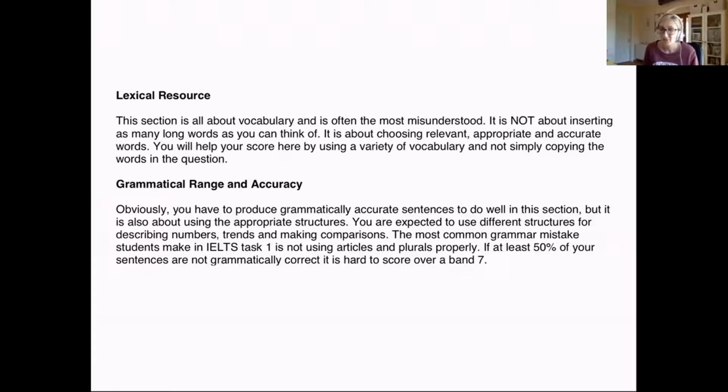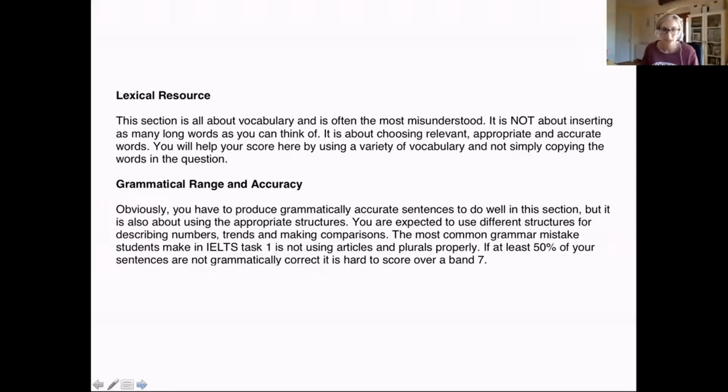If at least 50% of your sentences are not grammatically correct, it's hard to score over a band 7. Now, from seeing your task 2s, I would think that this isn't such a problem for most of you, because the work from writing task 2 has proven that most of you have a great grasp of grammar and spelling.